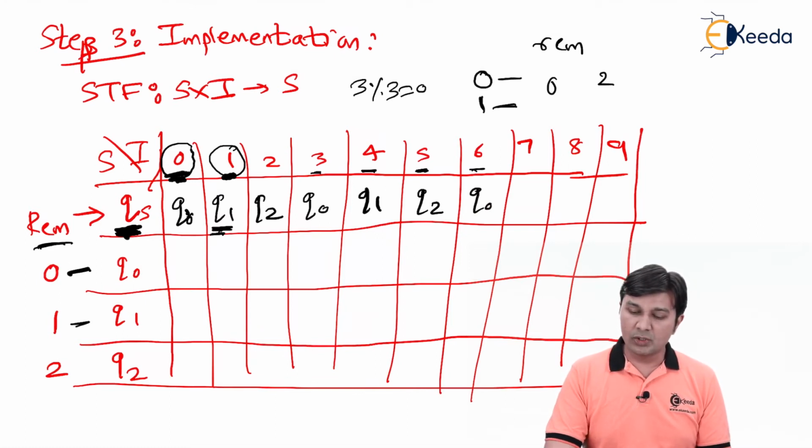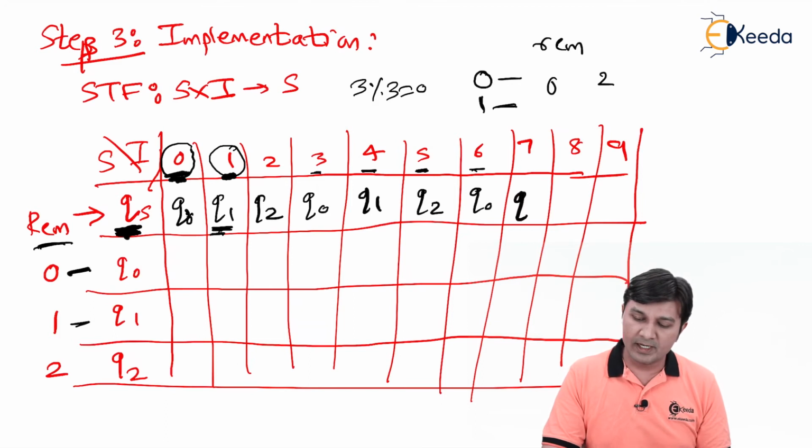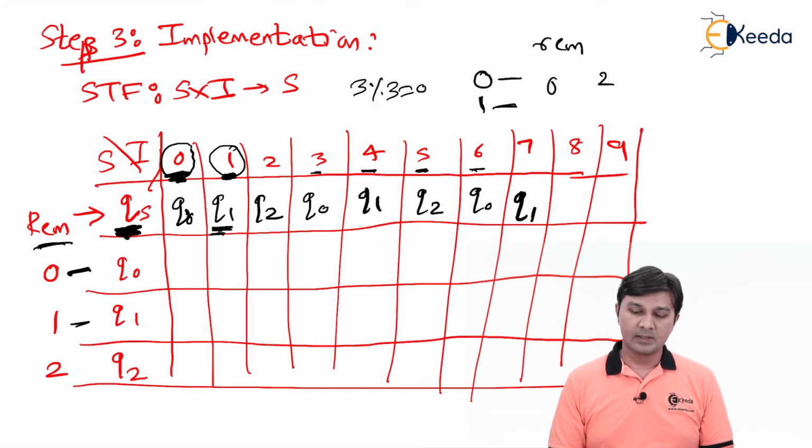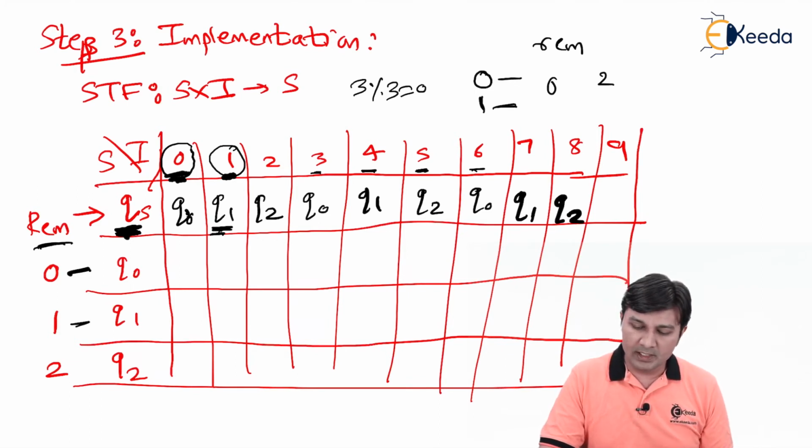Similarly, QS on receiving 7, 7 divided by 3, 3 twos are 6, remainder 1 means Q1. Similarly, QS when it receives an input number 8, 8 divided by 3, 3 twos are 6, remainder 2. So it will be going to the state Q2.